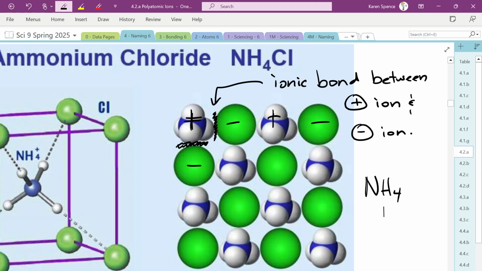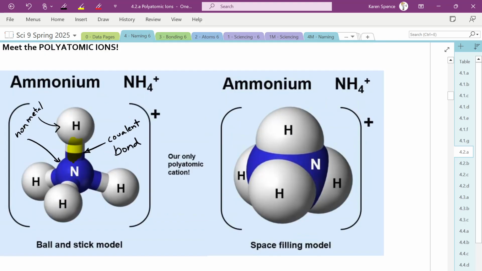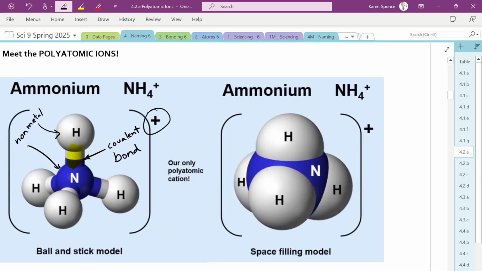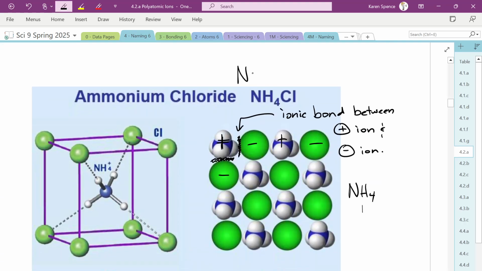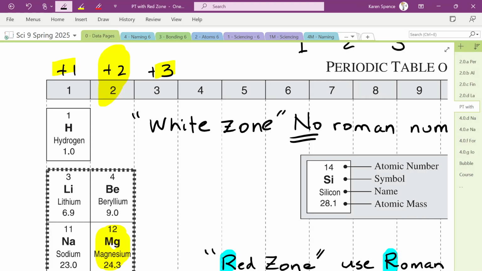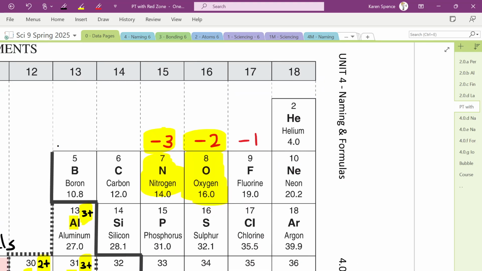And ammonium, let's look up the charge of ammonium on your sheet, or actually it's right up here, isn't it? Ammonium is positive. What is the charge of chloride? Chloride is in group 17. So its charge is -1, okay?